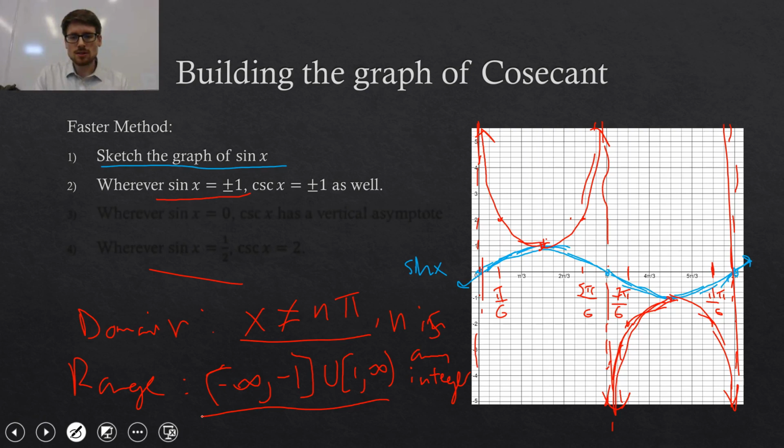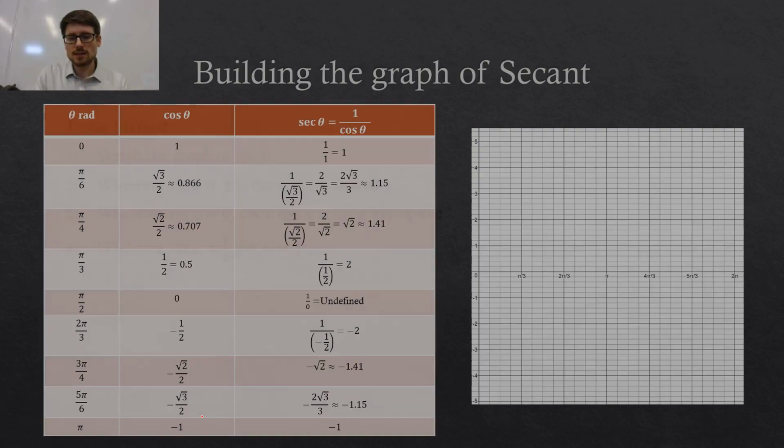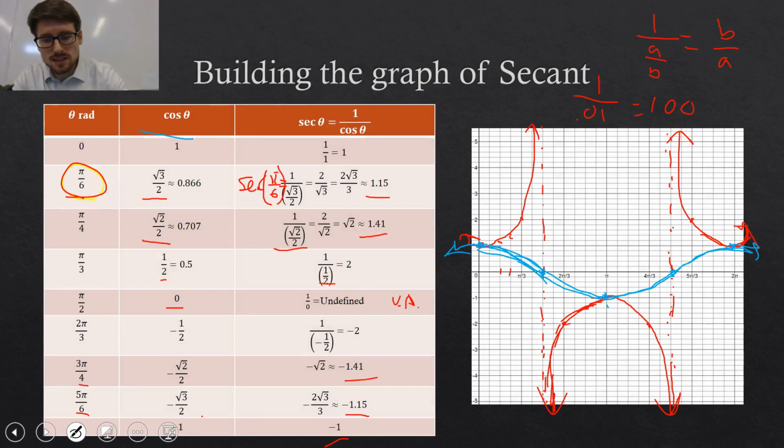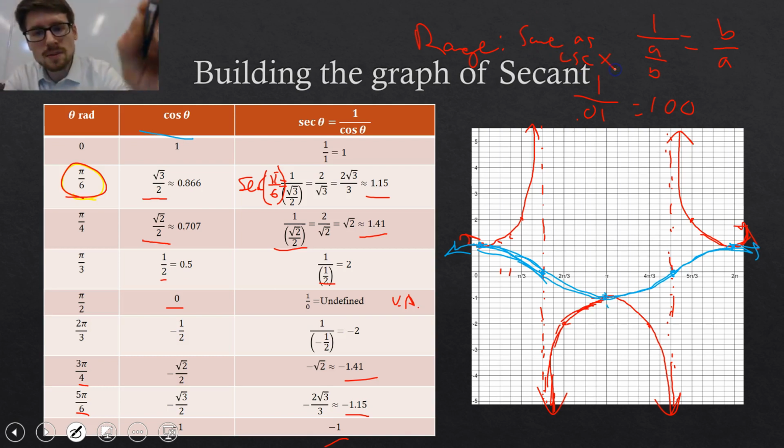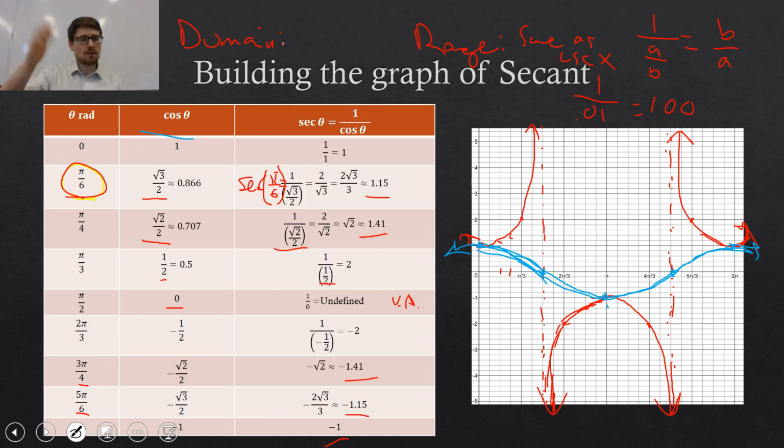Backtracking to secant's graph, let's just list this out. Our domain is the only thing different. The range is the same as cosecant. Okay? The domain is a little different. We have these, again, vertical asymptotes.